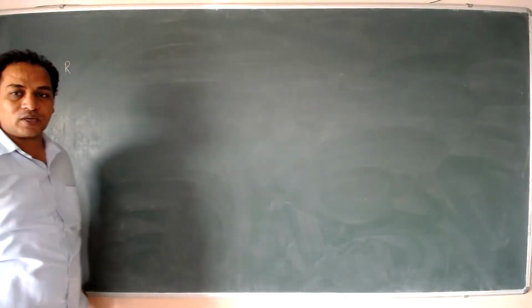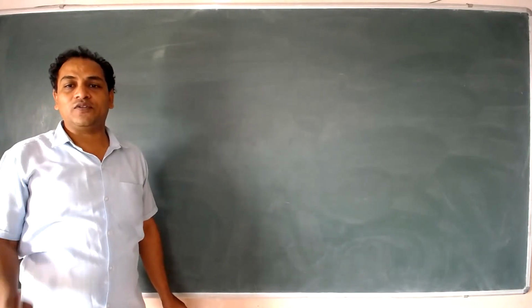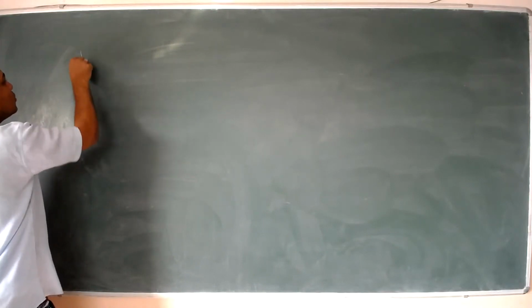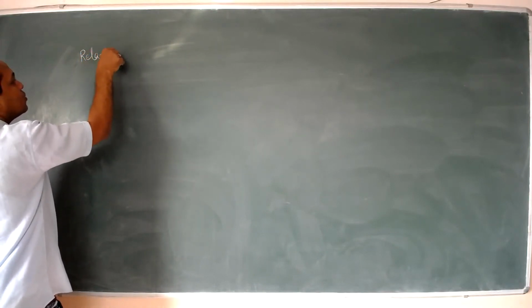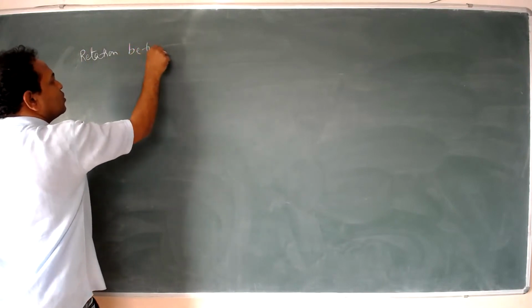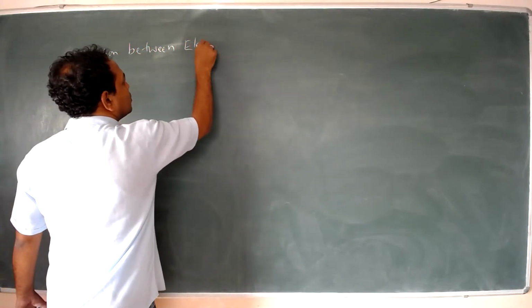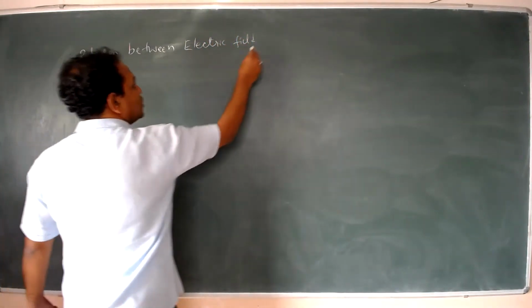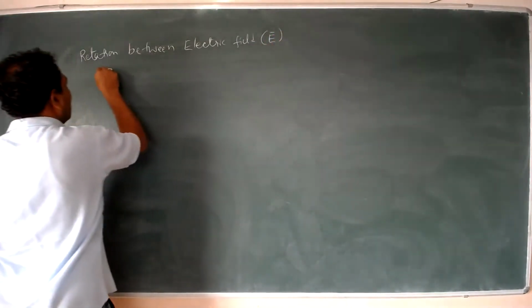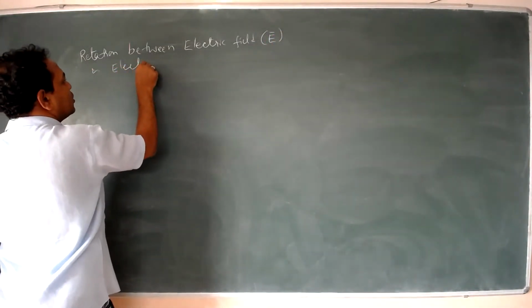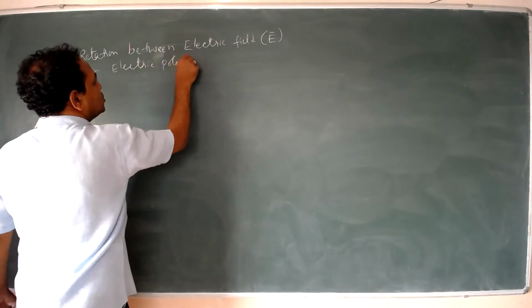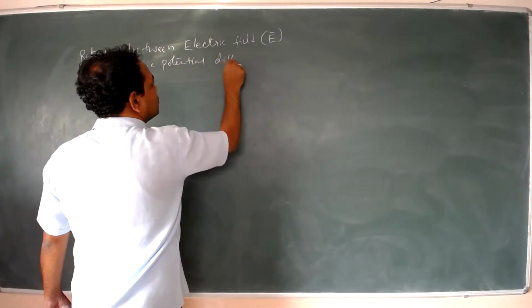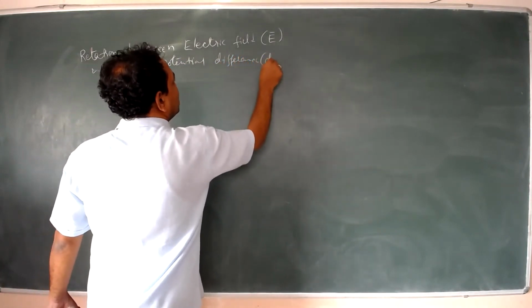Now the next topic is the relation between electric field E bar and electric potential, or we can say electric potential difference dV.